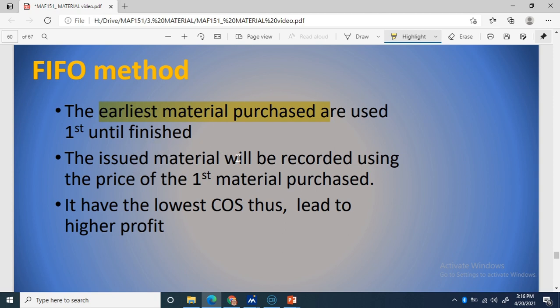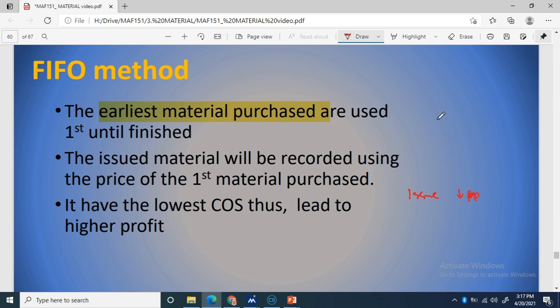The issued material will be recorded using the price of the first material purchased. So it has the lowest cost of goods sold. Cost of sales will be lowest. Why? Because when you issue at the first price, you issue at the lower purchase price.